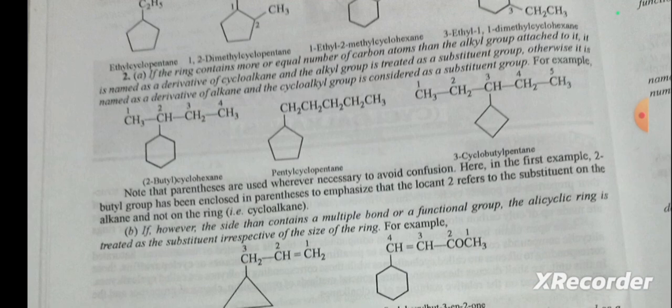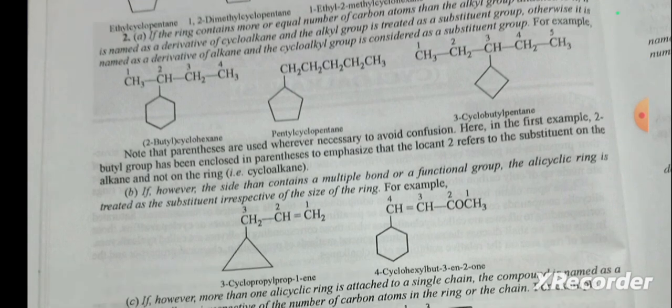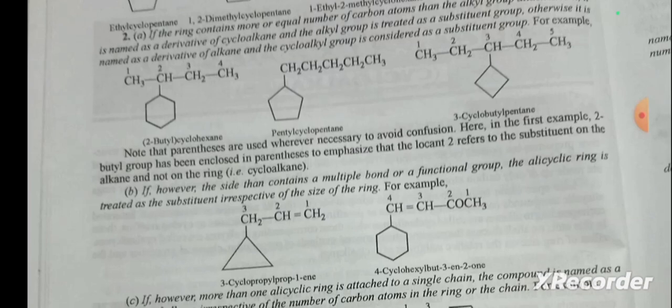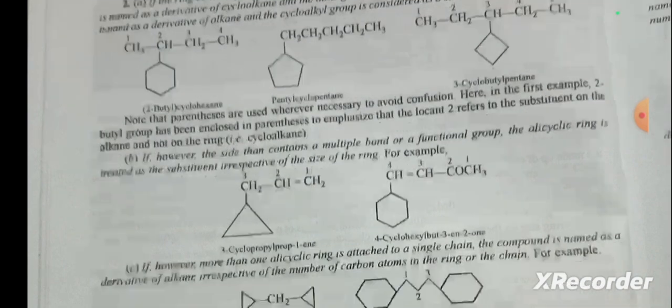For example, 2-methylcyclohexane, pentylcyclopentane, 3-cyclobutane. Note that parentheses are used whenever necessary to avoid confusion. Here in this first example, the butyl group has been enclosed in parentheses to emphasize that the locants refer to the substituent on the alkane and not on the ring.